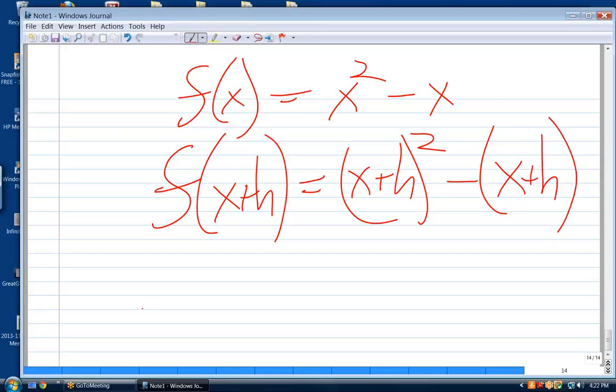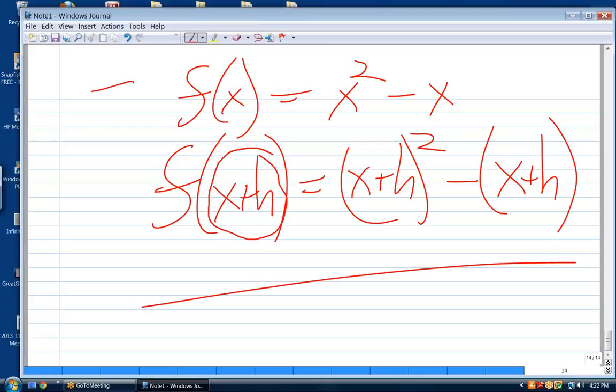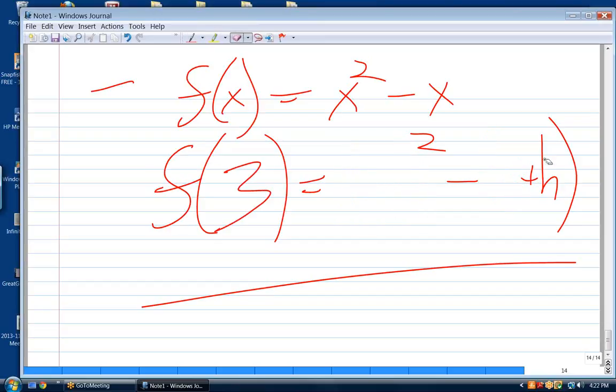If you have a function defined as f of x, and you put something other than x in the parentheses, you substitute that for x wherever you see it. Just like if I said, what is f of 3, you would have substituted 3. In other words, you'd have 3 squared minus 3.